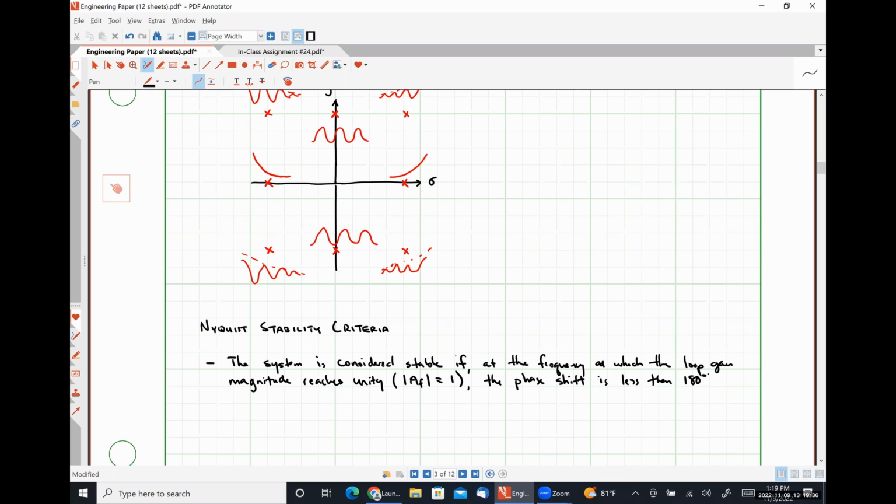Now, this stability is in some respects quantifiable, okay? And so what I mean by that is we have a region that is, well, not really a region, a specific point that is the verge of instability. So if our loop gain or our gain with feedback is 1 at the exact same frequency that our phase angle or our phase hits 180 degrees, that corresponds to one of these two poles, okay?